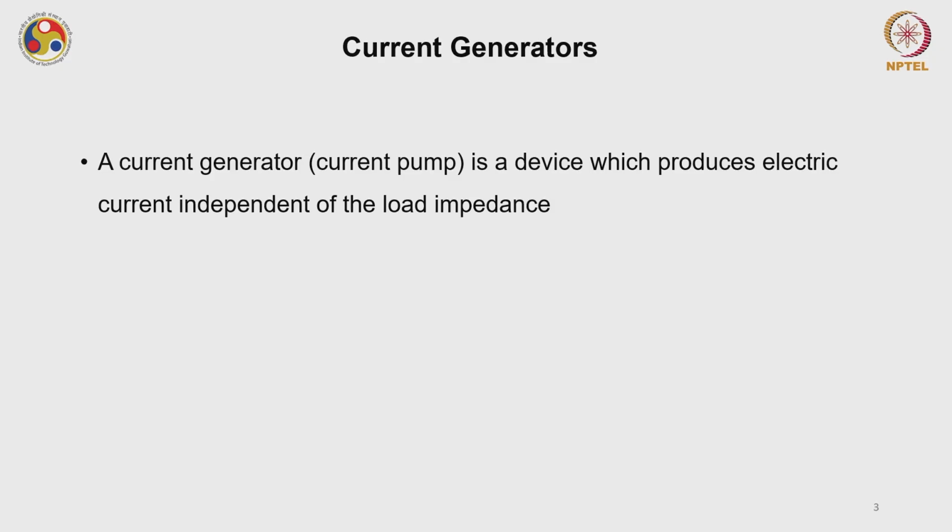A current generator, sometimes also known as a current pump, is a device or circuit system which produces electric current that is independent of the load impedance, because we are not aware what kind of sensor is going to be attached to the excitation circuit. When I say load, I mean the input impedance of the sensor.